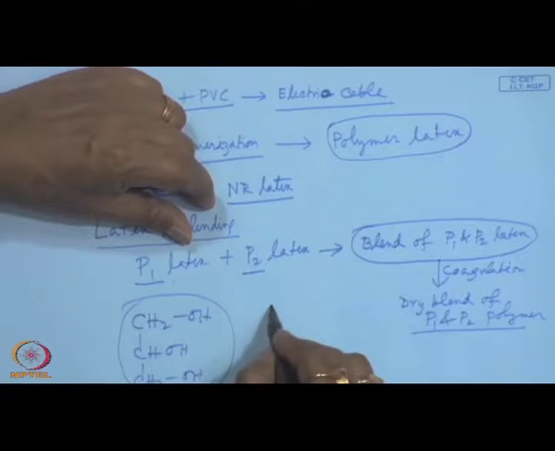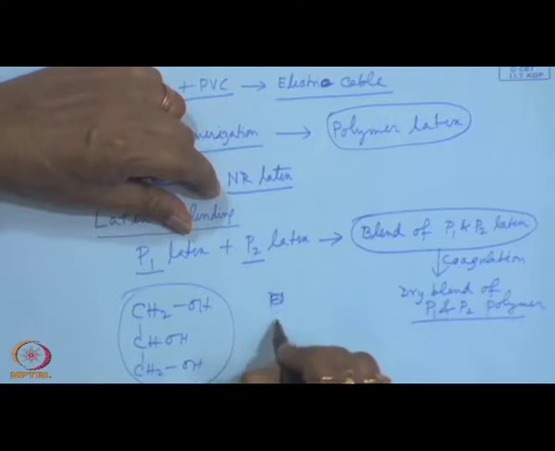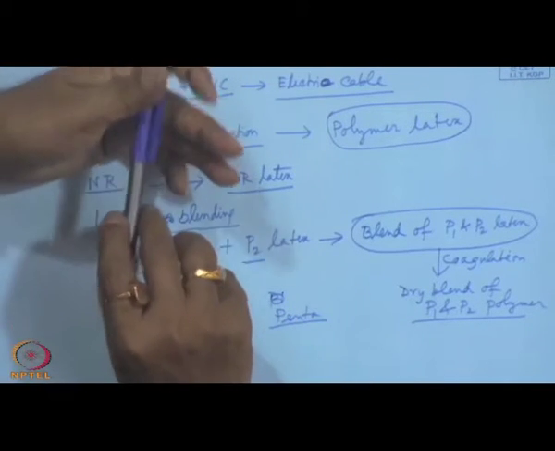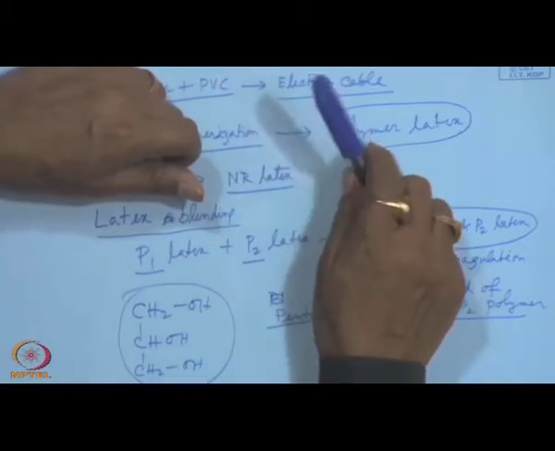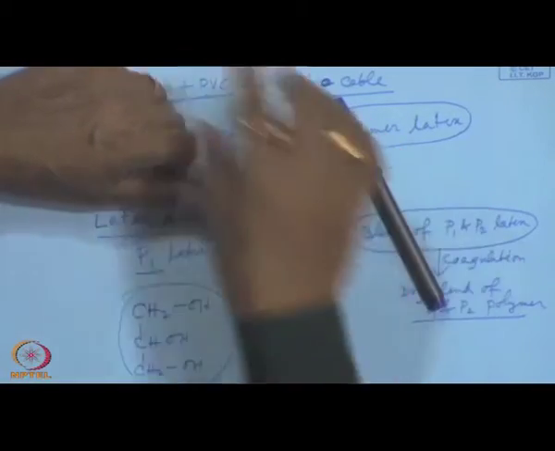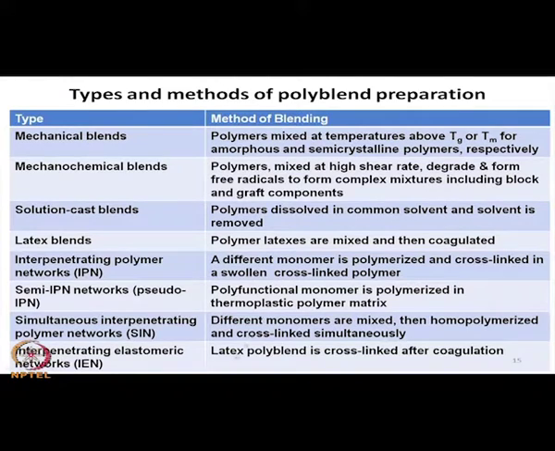Or pentaerythritol, containing 4 hydroxyl groups. Or we can take phenol, that is a trifunctional monomer. So, this way we can use a polyfunctional monomer which can be polymerized in a second thermoplastic polymer matrix.